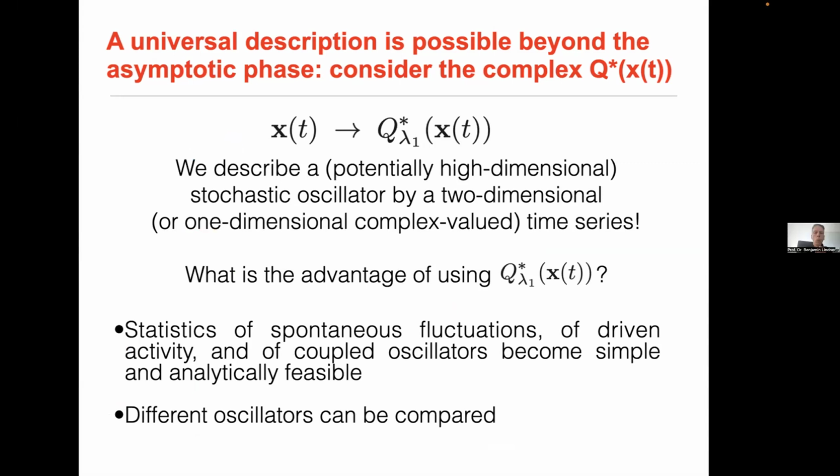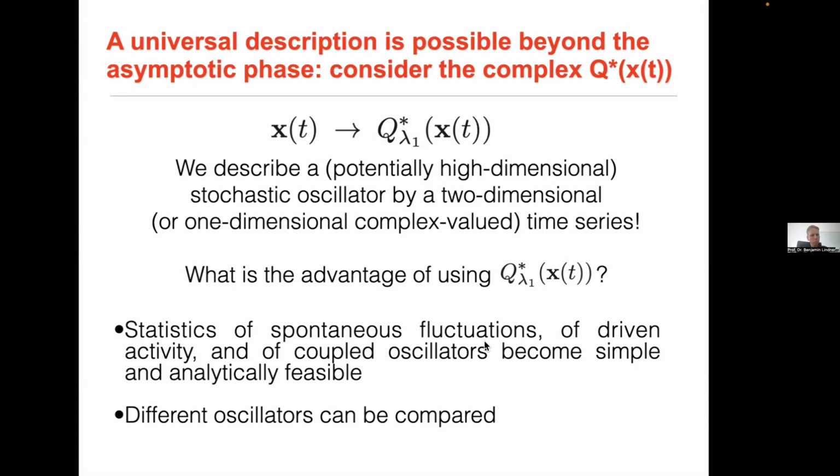Okay, so what is the advantage of making a mapping not to a real number, a phase, but to this complex pointer? The advantage is that the statistics of the spontaneous fluctuations becomes extremely simple, that the response to an external stimulus becomes extremely simple, and that we get also explicit results for the cross correlation statistics of weakly coupled oscillators.